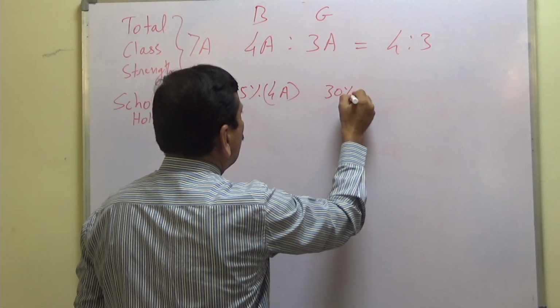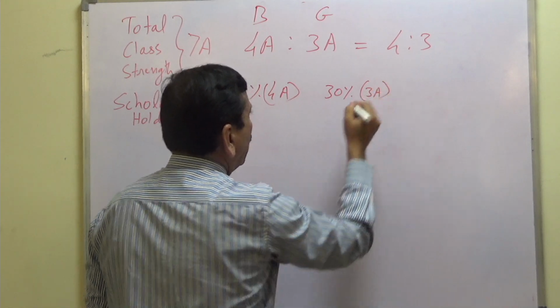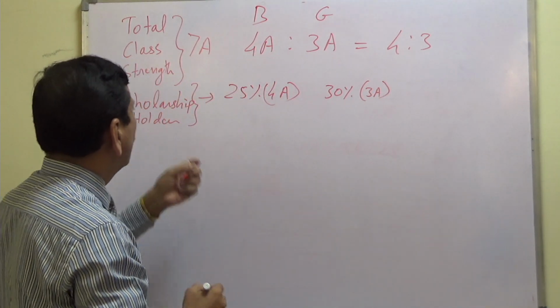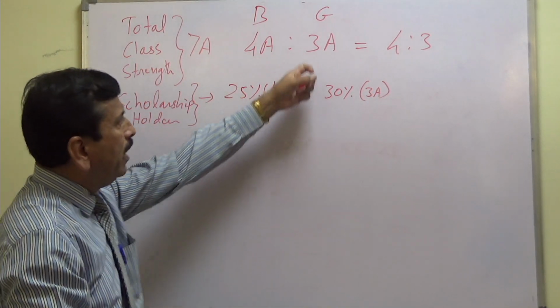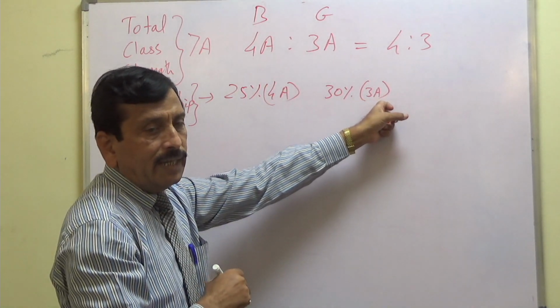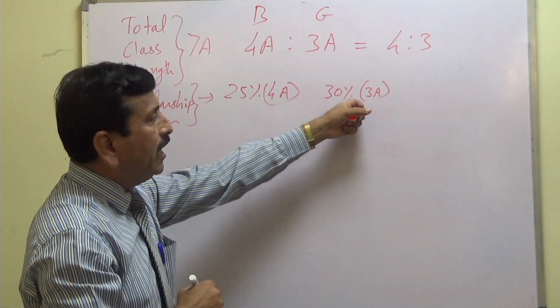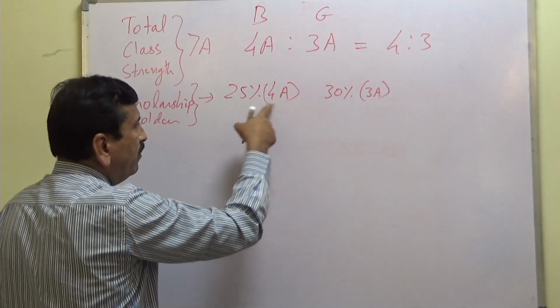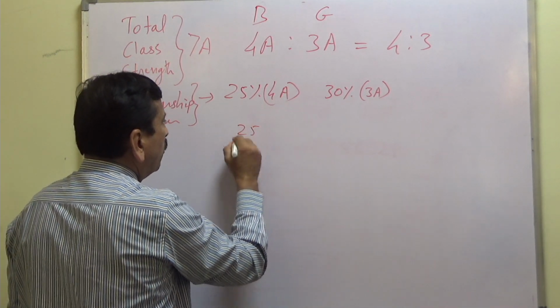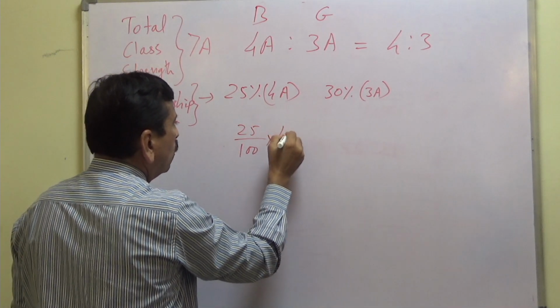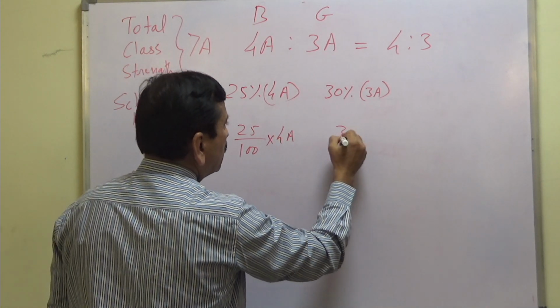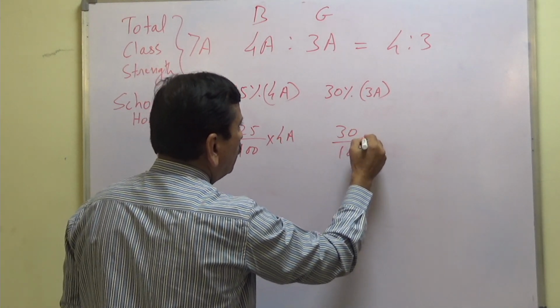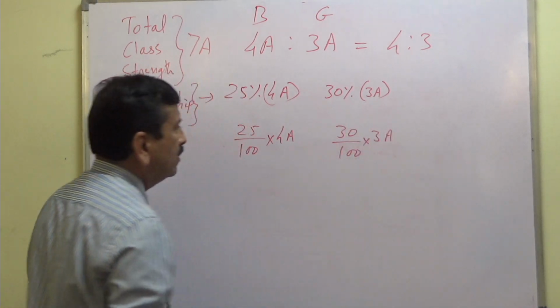So 30% of 3A get the scholarship. Okay, 25% of 4A and 30% of 3A get the scholarship. So total people getting scholarship, you can make it out. 25% of 4A is what? 25% of 4A, and this is 30% of 3A.